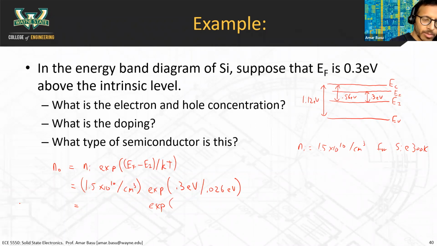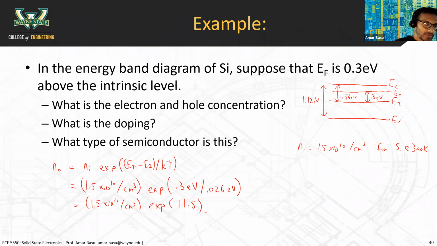I know I'm belaboring the math here, but I just want you to see how the different terms play out so that you have an intuition of the equation. So this position here says 0.3 electron volts divided by 0.026 electron volts. This becomes an exponential of 11.5. Okay, so this becomes 1.5 times 10 to the 10 per centimeter cubed times exponential of 11.5.